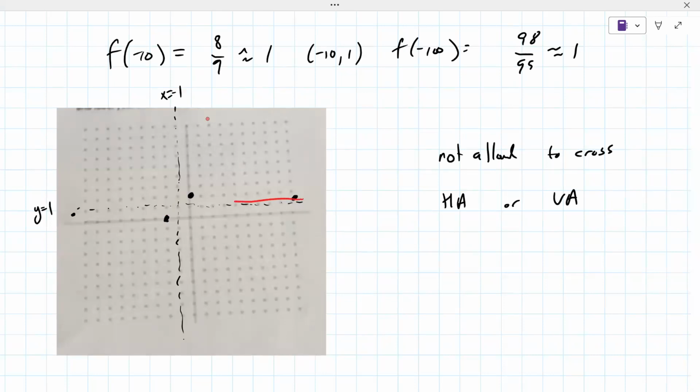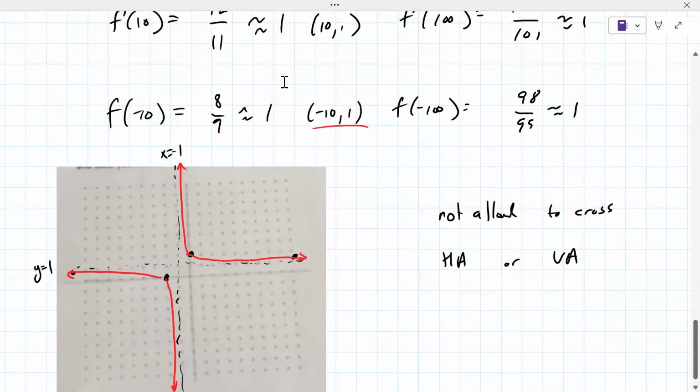Well, these connect here, but you can't cross, so you have to go up. These connect here, but they can't cross, so it goes down. Can you explain the other points, not the intercepts, but the far out ones? I'm just graphing them. I'm putting a dot where they are.